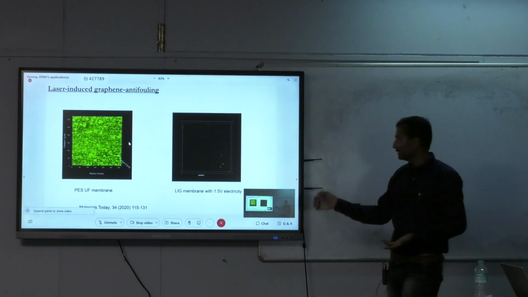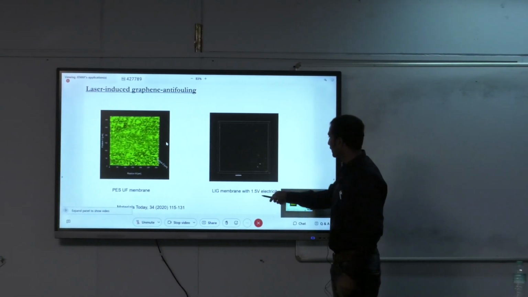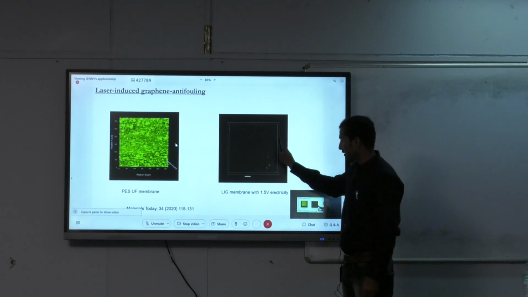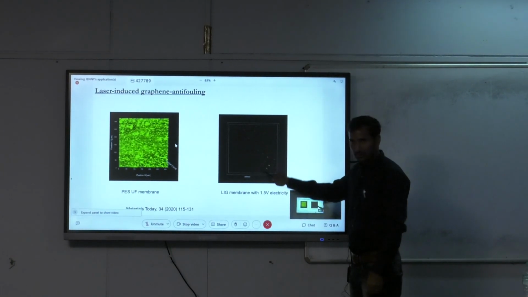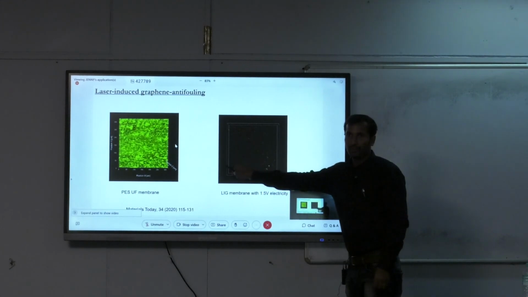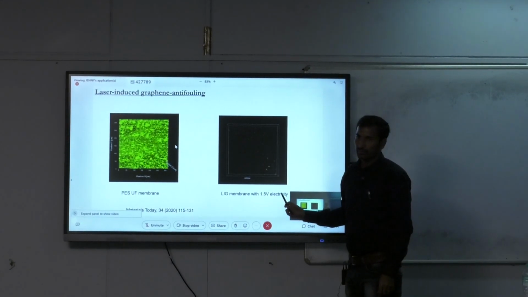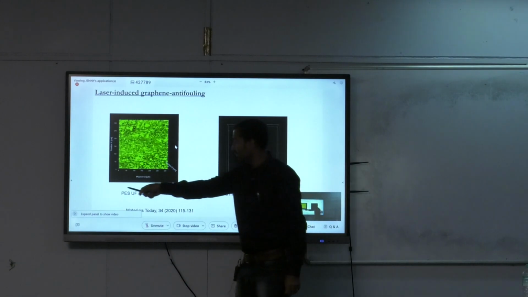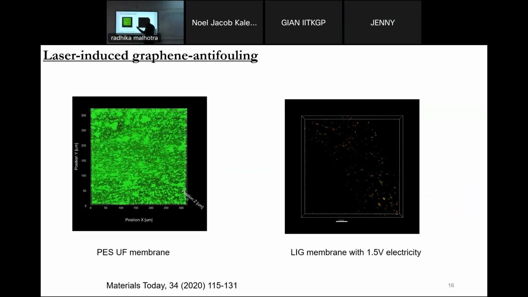At this condition we studied with 1.5 volt, and it successfully controlled and prevented the biofilm formation in this membrane. This one we studied with just a polyether sulfone ultrafiltration membrane.